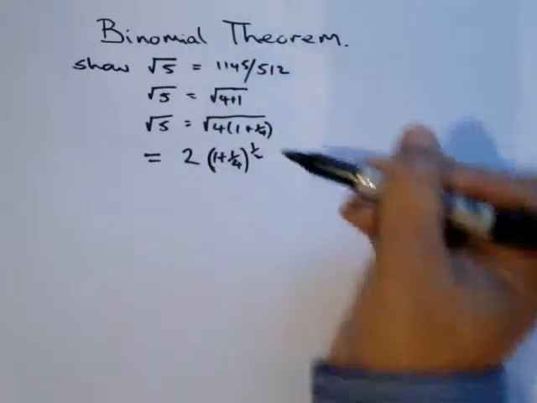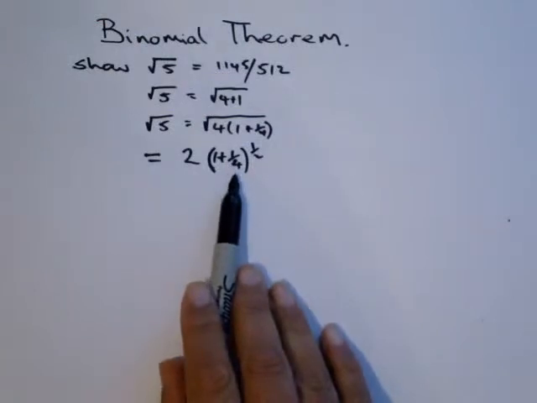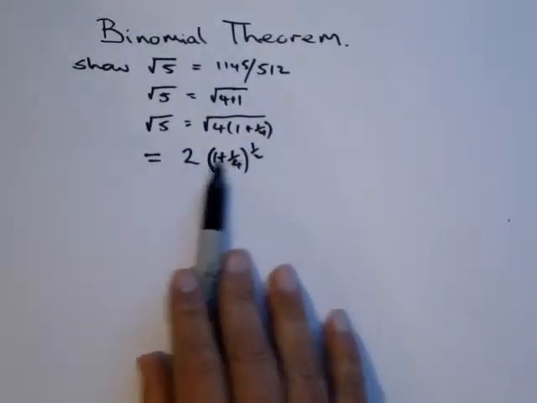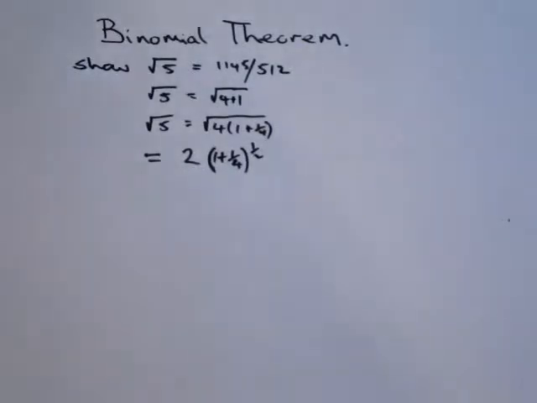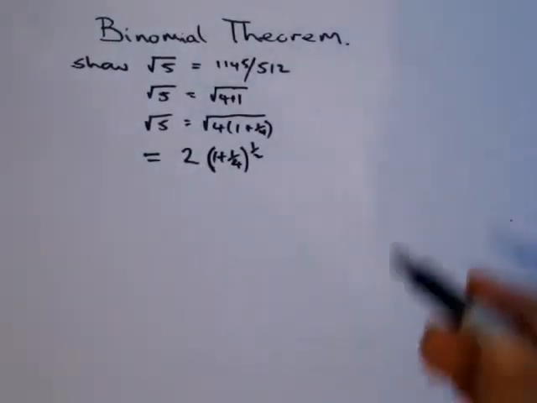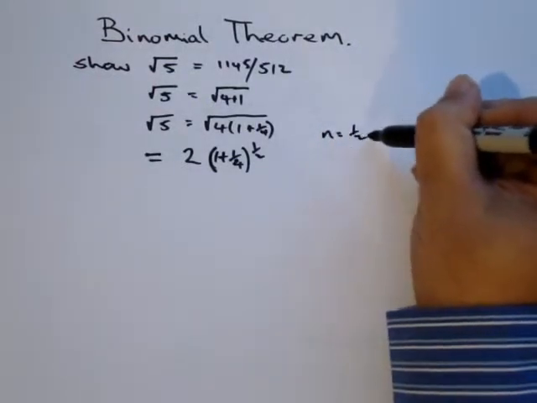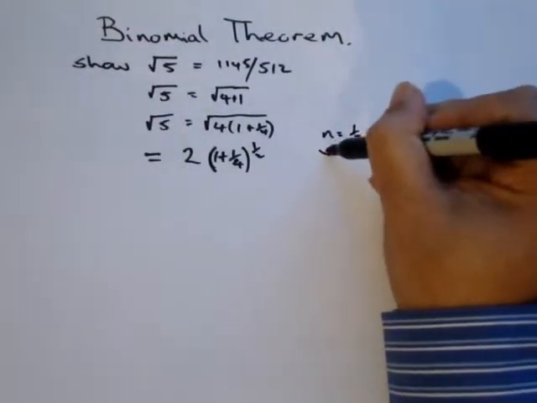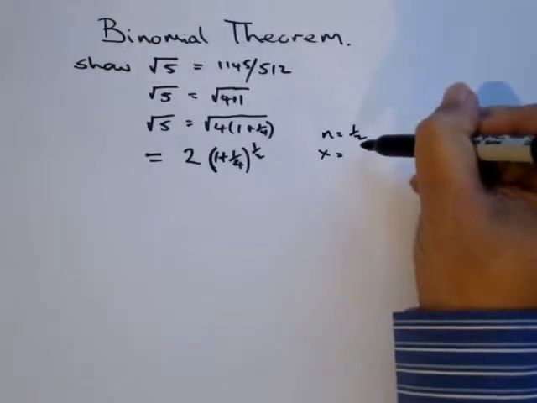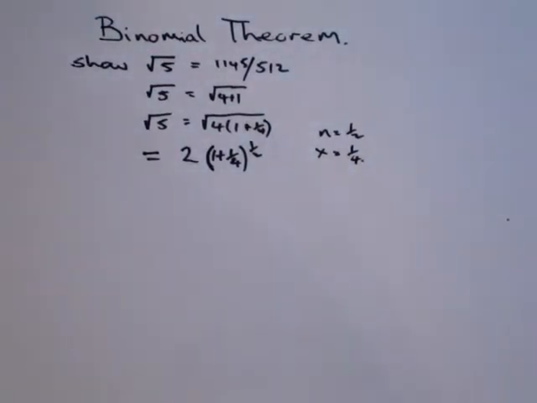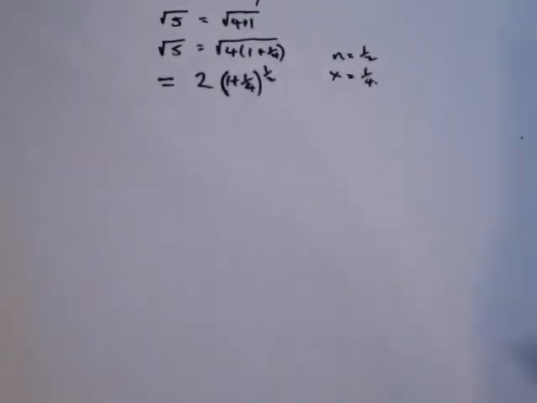So we have to use the binomial theorem here on this binomial, and with the 2 on the outside we multiply through by the 2. Here we have n equals a half and our x equals a quarter. Okay, so now let's use our binomial theorem.